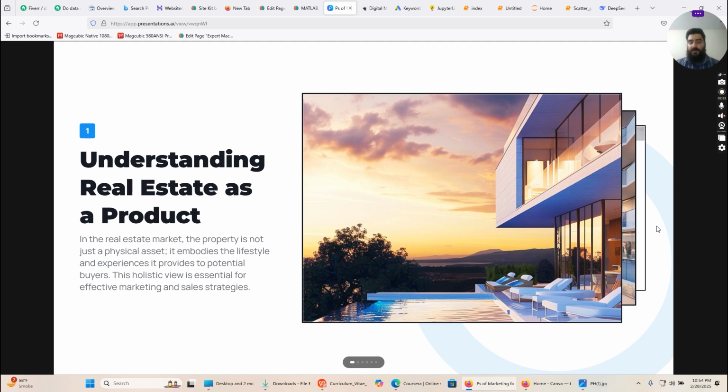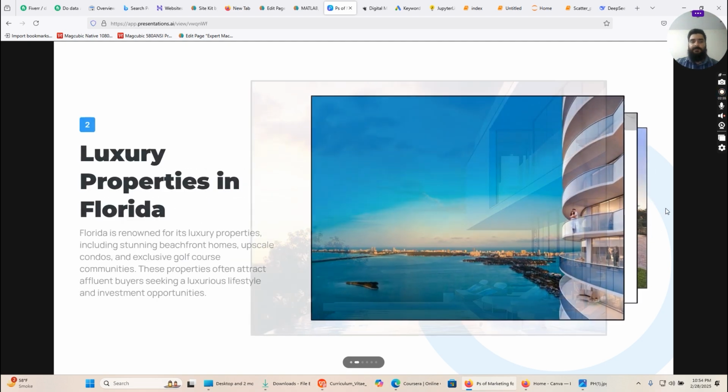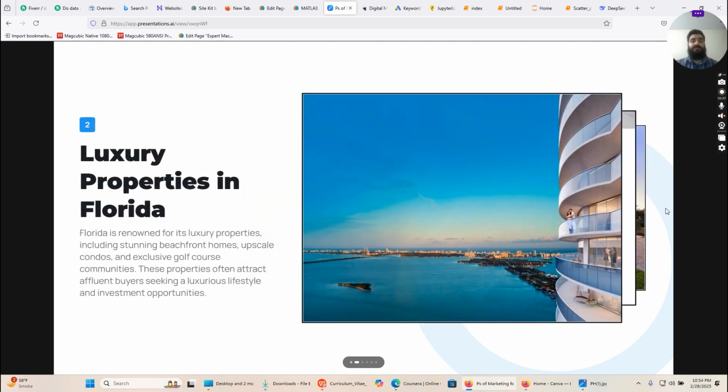investing in. That being said, let's take an example of luxury properties in Florida. Florida is renowned for its luxury property, including stunning beachfront homes, upscale condos, and exclusive golf course communities. These properties often attract affluent buyers seeking a luxurious life and investment opportunities. Now here's a twist.